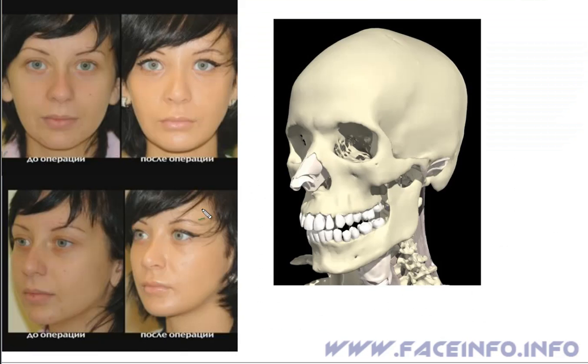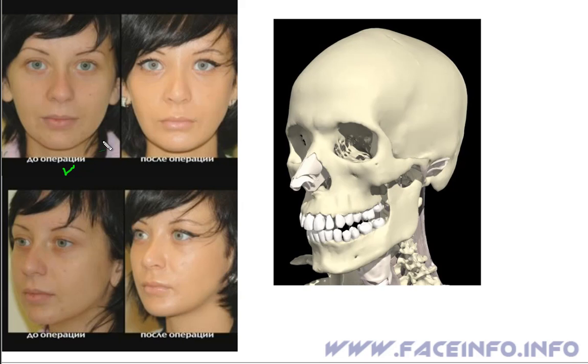So, this girl already had a rather attractive face because the orbicular muscles of her mouth and eyes are well developed, which produces big eyes and lips.